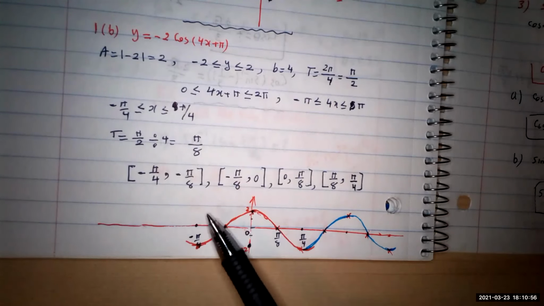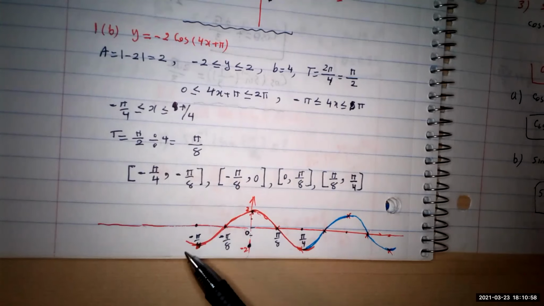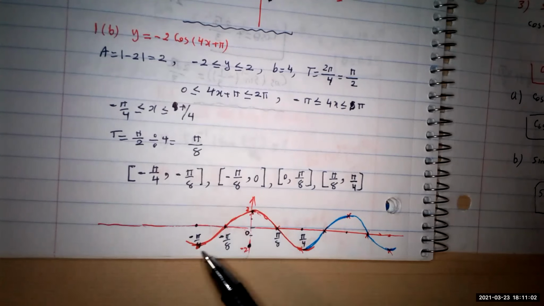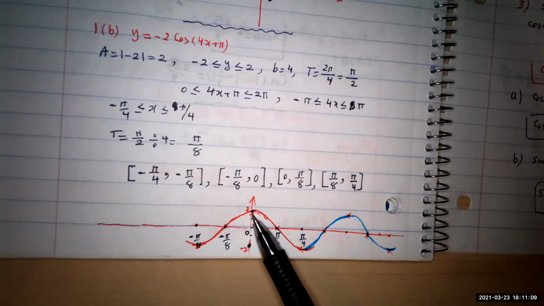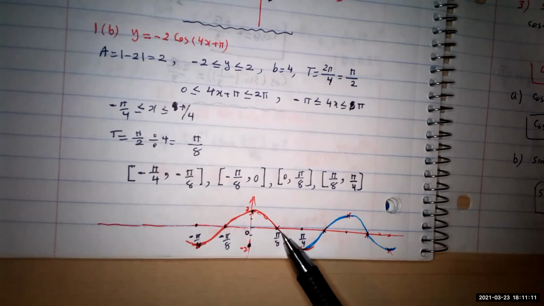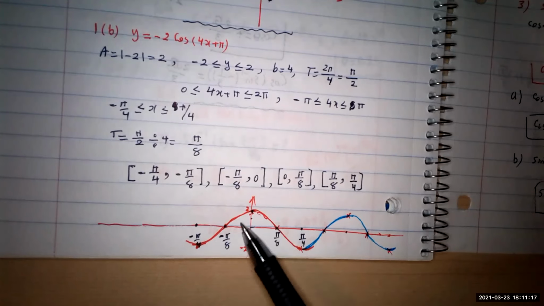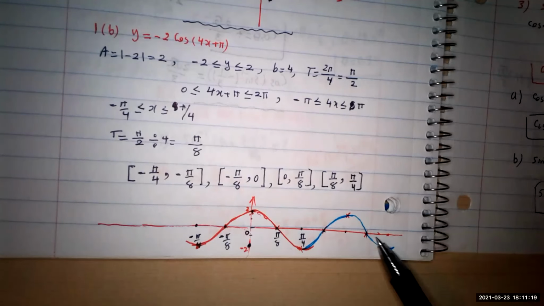So the cosine starts from the top or from the bottom. This is negative. Since it's negative, you have to start from here. So this is your starting point, negative pi 4. You go to the intercept, then the minimum, then the intercept, then the maximum. You end up here. This is going to be 1 copy, and then you just go on.